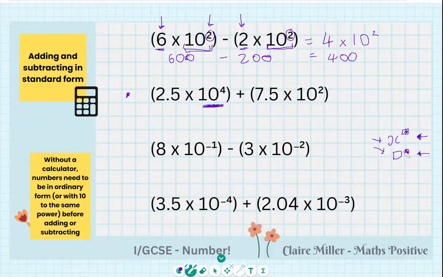And then add 7.5 times 10, press the power button, 2. And that looks pretty similar to what I've got there on my page. I've got an answer. Did you get an answer as well? The answer I got is 25,750.